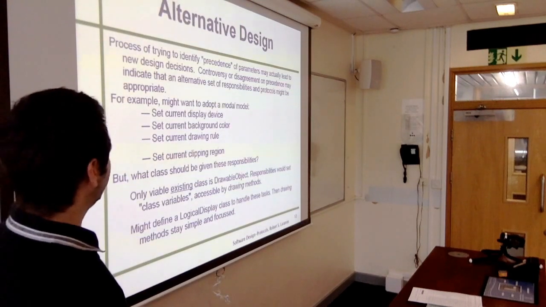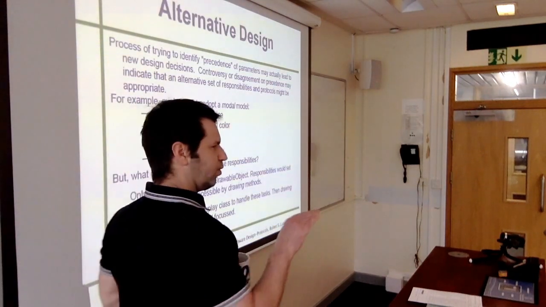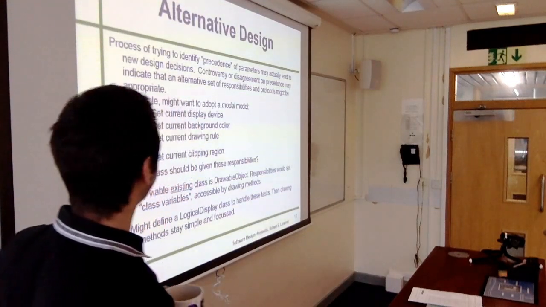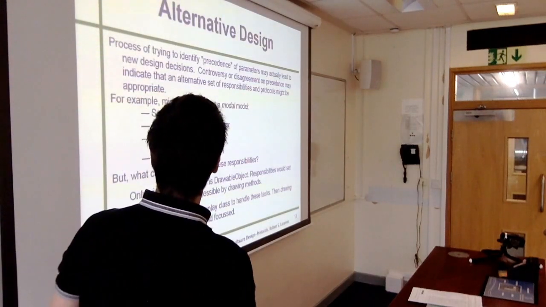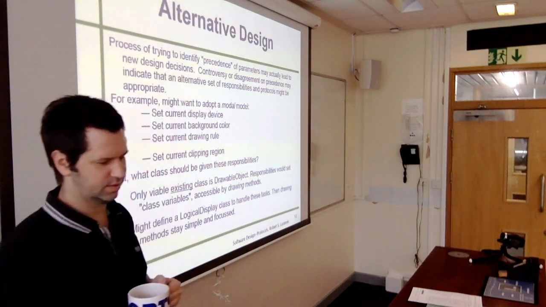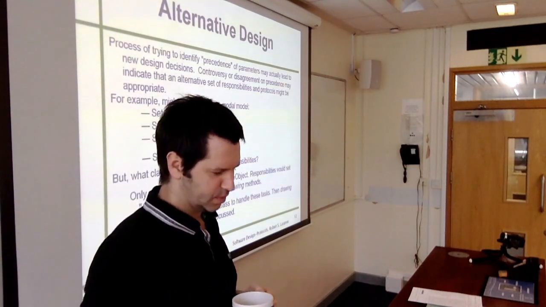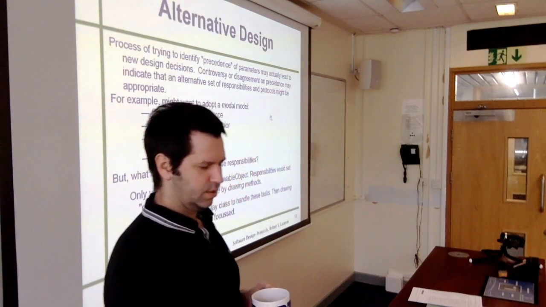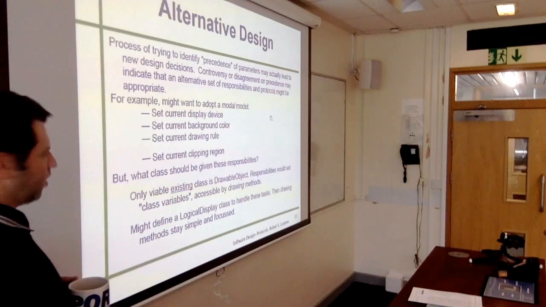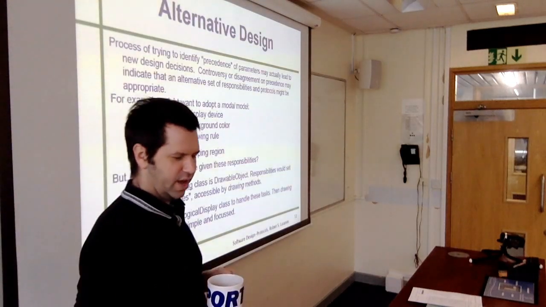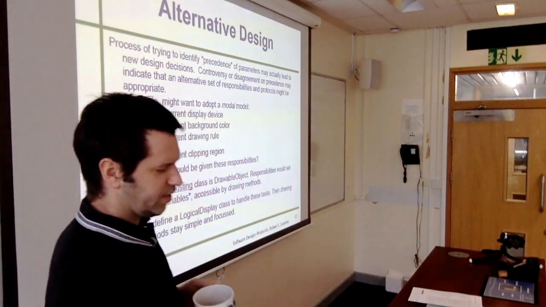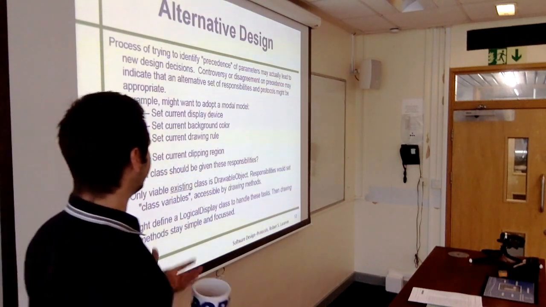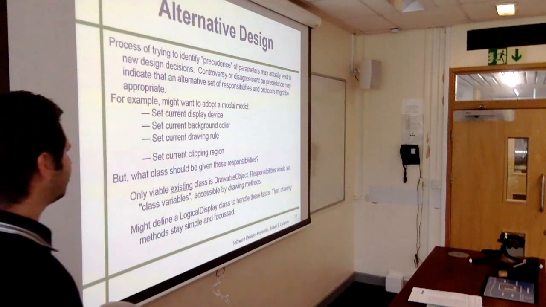So a little bit more on precedence, or the order, or the ranking of the input parameters. Trying to identify the precedence of parameters may actually lead to new design decisions. And this is very common, by the way. So if we don't agree on the precedence, we might want to have an alternative set of responsibilities and protocols that carry out the same functionality.